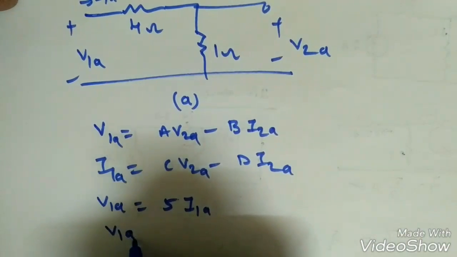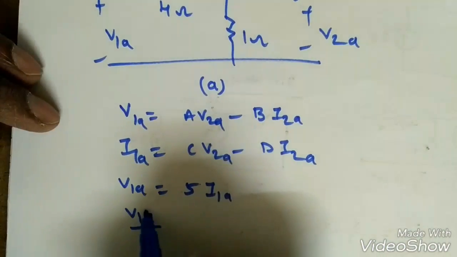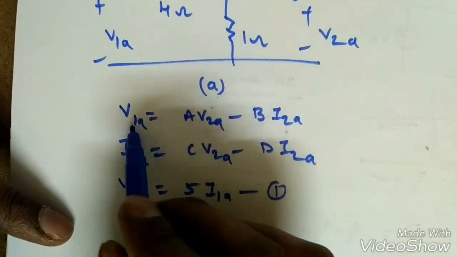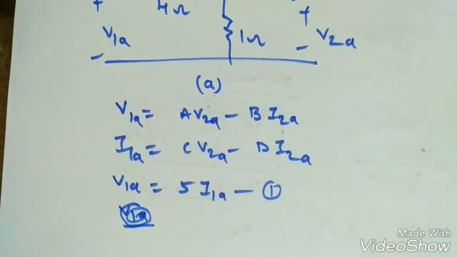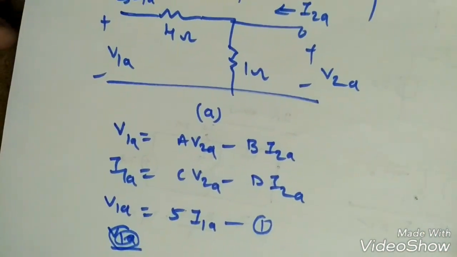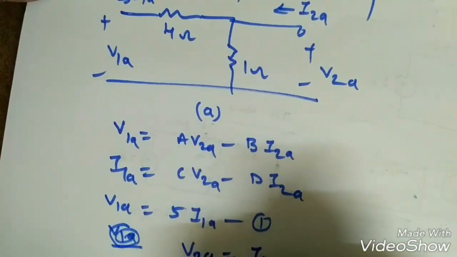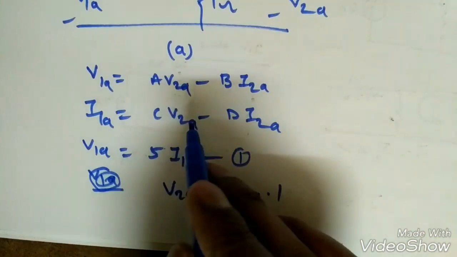So this is equation 1. But we need to find V1A versus V2A, and similarly I1A versus V2A. Because this current is 0, V2A is nothing but I1A into 1. So what is I1A by V2A?